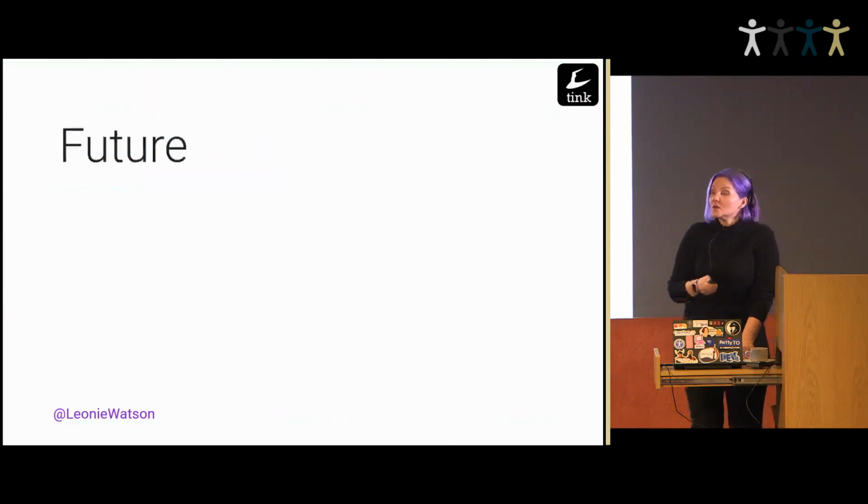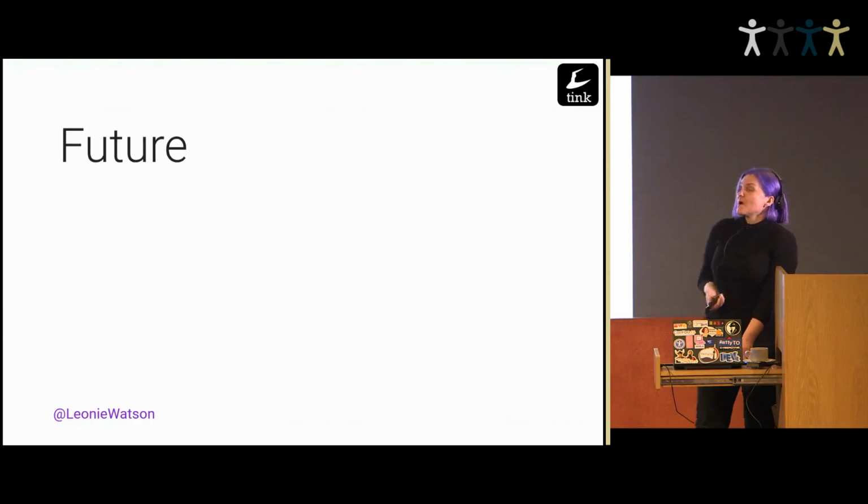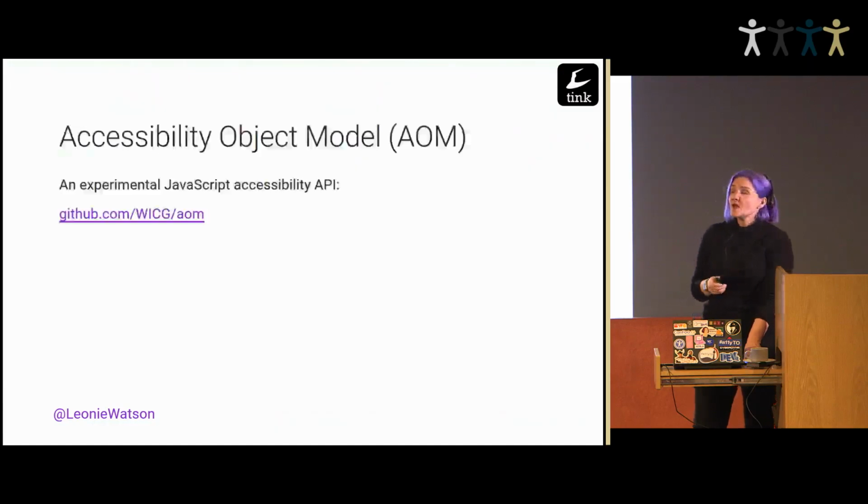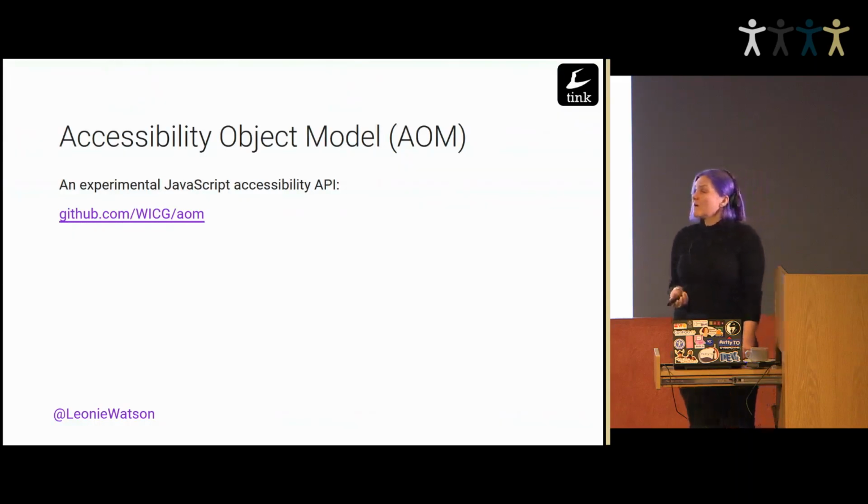Ooh. So that brings us to the future. There are people thinking about how to solve this leaky accessibility problem in web components and custom elements, and also ways that we can, as developers, use accessibility and access the accessibility tree in the browser more easily. And the answer is in something called the Accessibility Object Model, or AOM.